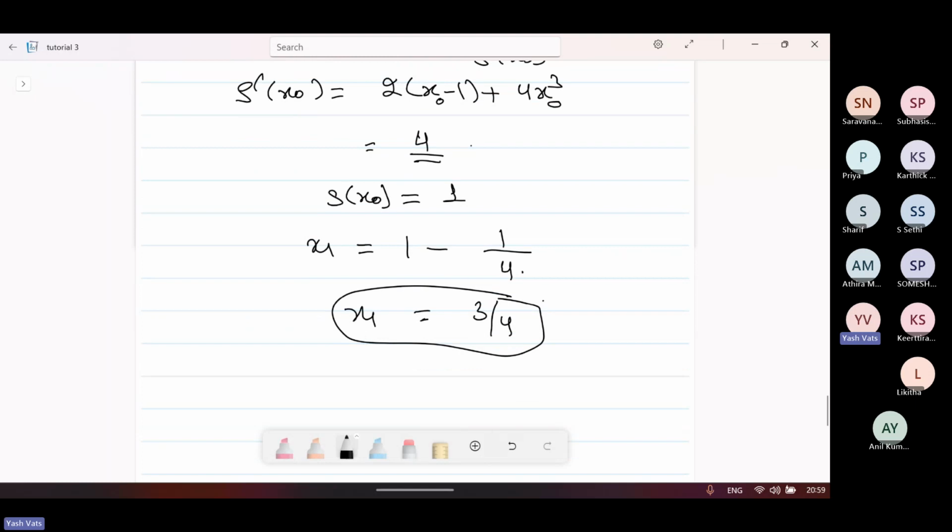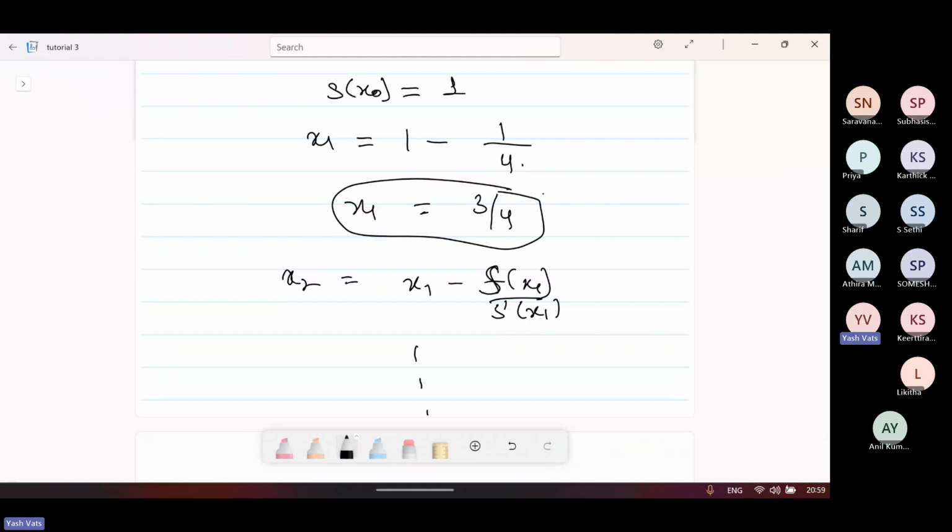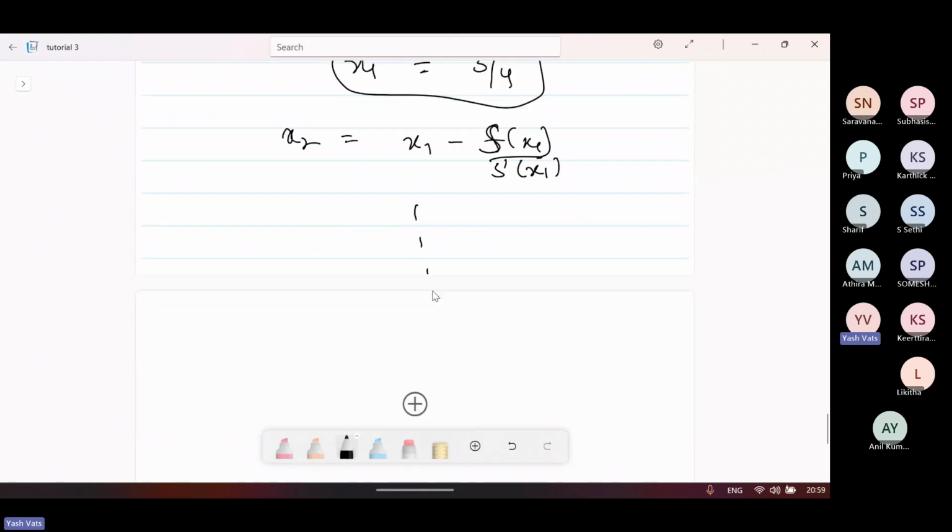Like this, you continue. You try to find x2, which is x1 minus f of x1 by f dash x1. You continue like that till you reach the point where the difference between xn and xn minus 1 is less than 10 to the power minus 4.